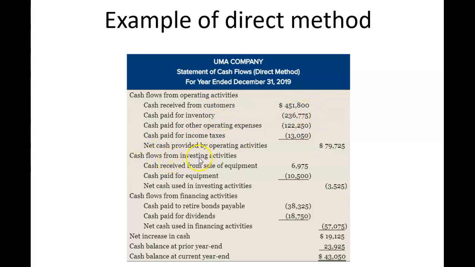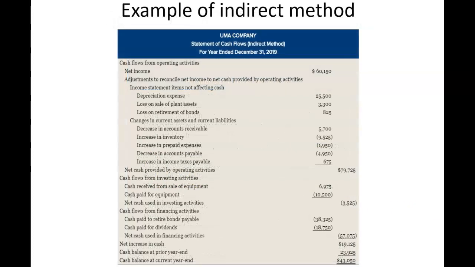The cash flows from investing and the cash flows from financing activities sections are absolutely identical in dollar amounts and in words and in presentation between the direct method and the indirect method. The exact same words, the exact same presentation, the exact same numbers.